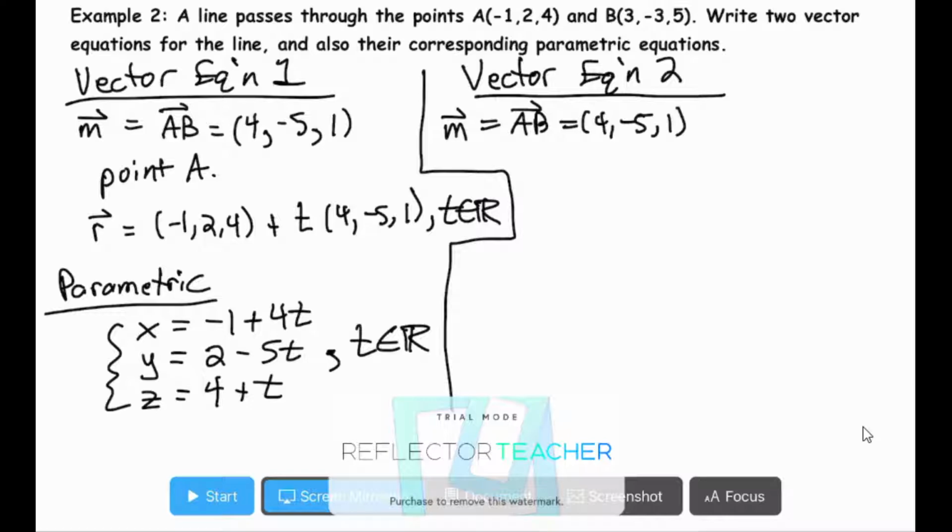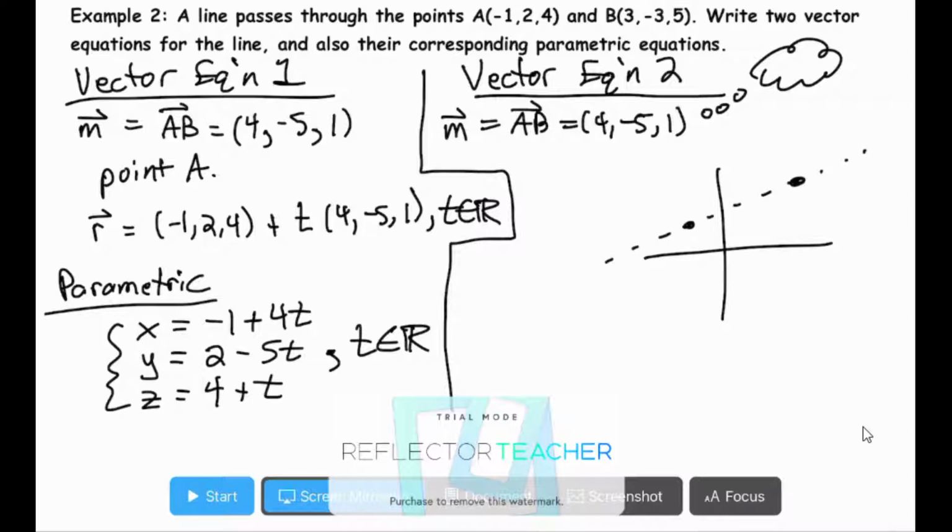And just to recall, and I'll demonstrate this in two space, we're just given 2 points. And we're told to define the line that goes between them. We aren't told that we have to use a specific vector. So I went from point A to point B, and I've defined this as my direction vector, but I could have gone from B to A, and that vector would just have the values of -4, 5, and -1, because AB equals -BA.